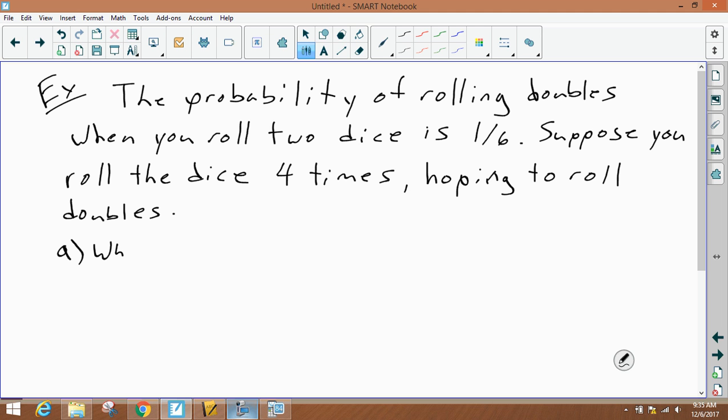A. What is the probability of rolling doubles twice in 4 attempts?